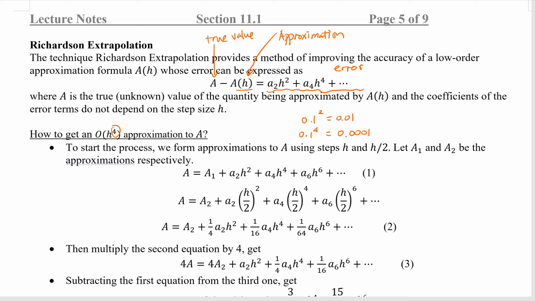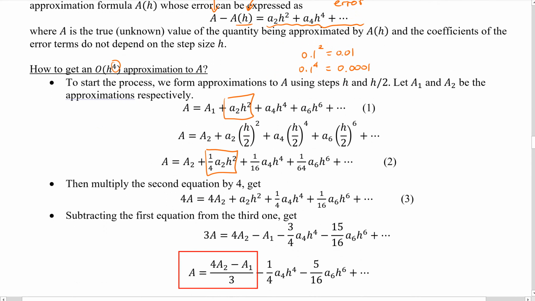Okay. Then our goal is to get rid of the h squared terms. And how can we do it? We multiply the second equation by 4. Then we get 4A equals 4A2 plus a2 h squared plus 1/4 a4 h to the 4th, and etc. Okay, now we can subtract the first equation from the third one. Then on the left hand side, we have 4A minus A equals 3A.